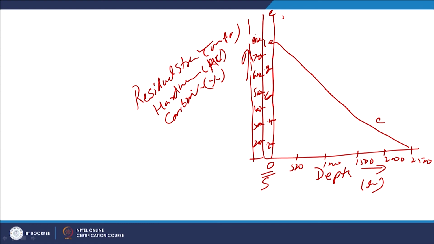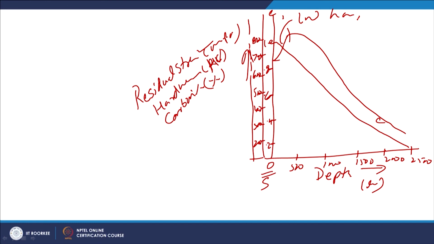At the surface layer where carbon is too high, the hardness is somewhat lower, then it is maximum slightly below the surface, and then it decreases. So the hardness variation goes in line with the carbon content, but at the surface where carbon is too high, we find lower hardness.